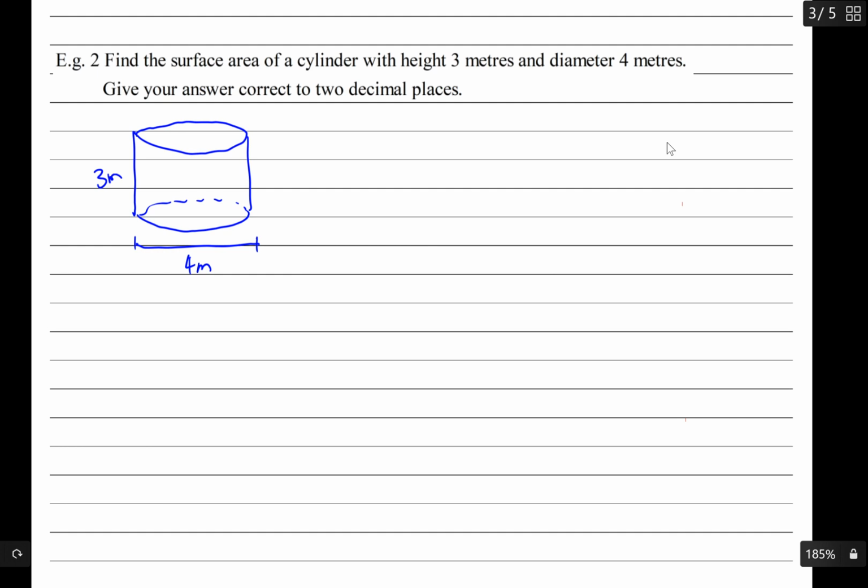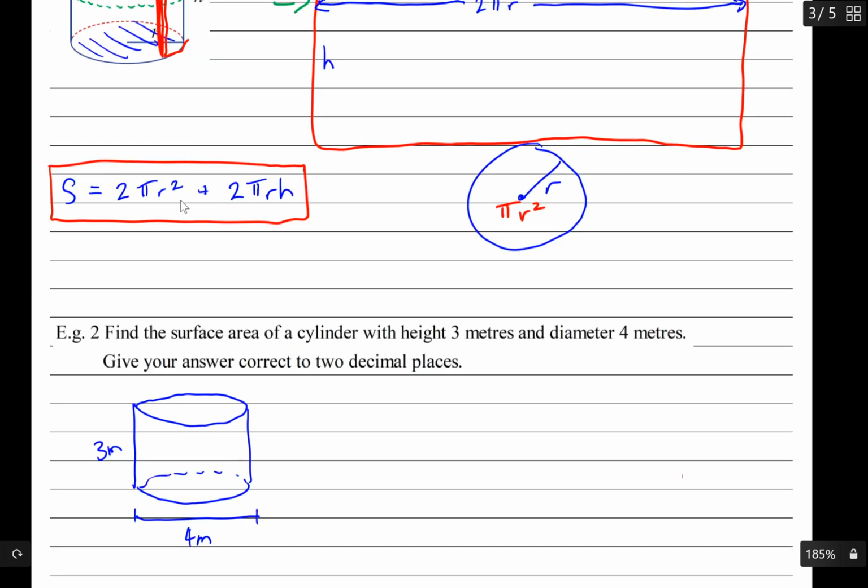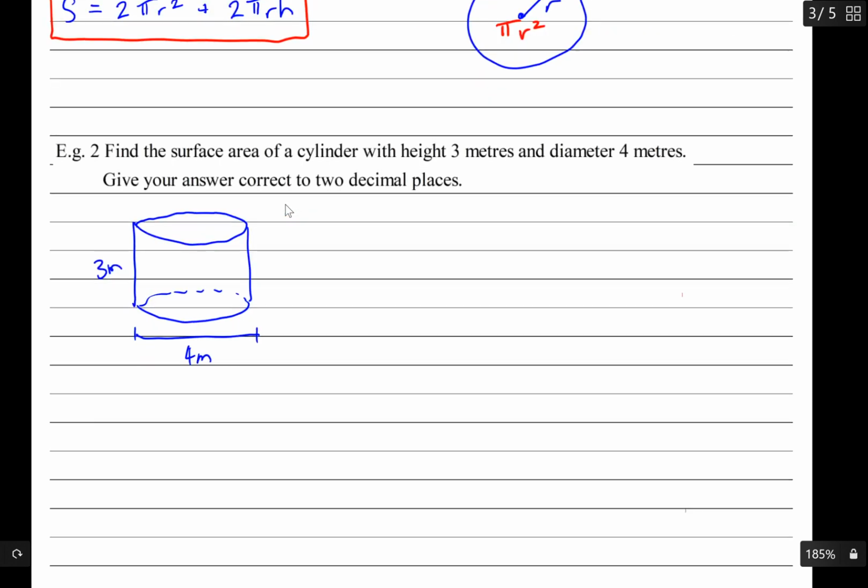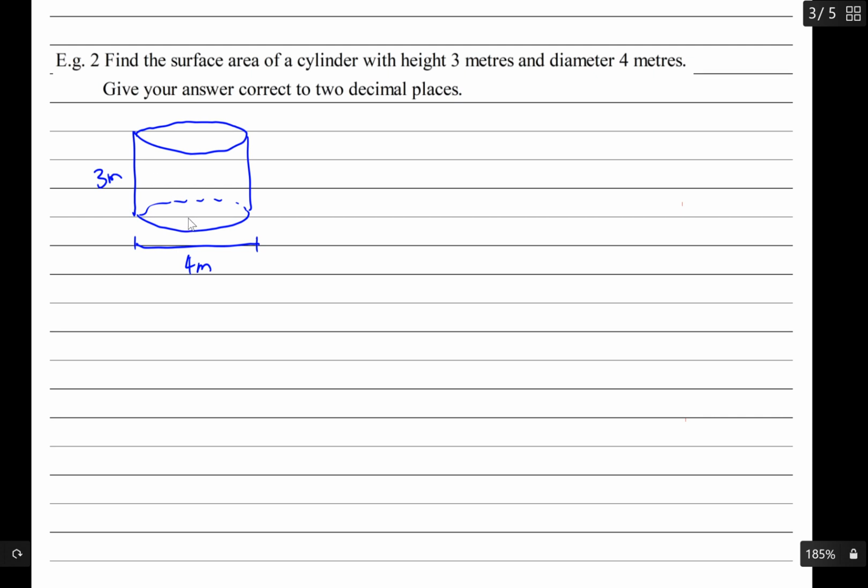And the one thing that I'm going to mention here is the formula we just came up with was a formula involving the radius and the height. In this problem, I didn't give you the radius. I gave you the diameter. So you really need to make a mental note straight away that the radius is 2 meters. Apart from that, this is all very straightforward.